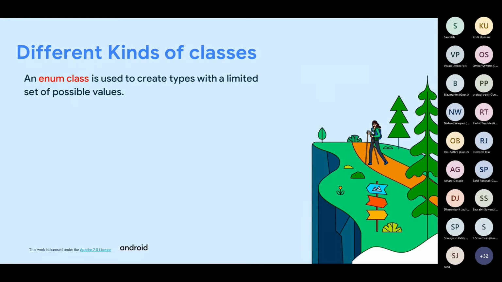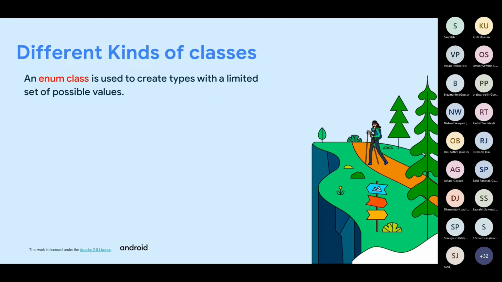After that, there are different kinds of classes. First is an enum class. It is used to create types with a limited set of possible values. For example, if we have a case where we have to give directions in which we are accepting north, south, east, and west, only the 4 directions.